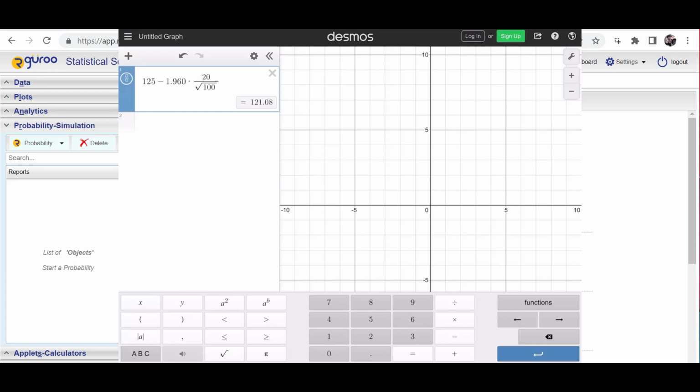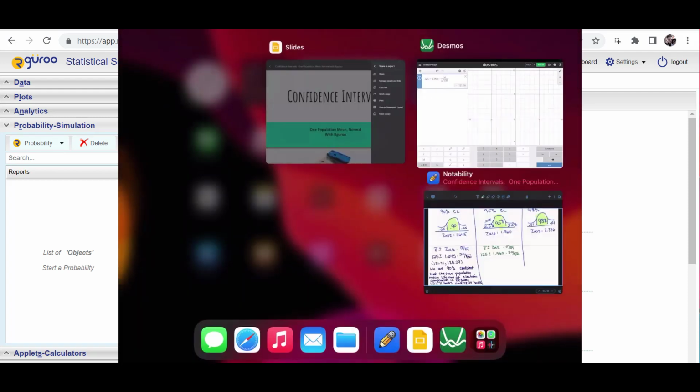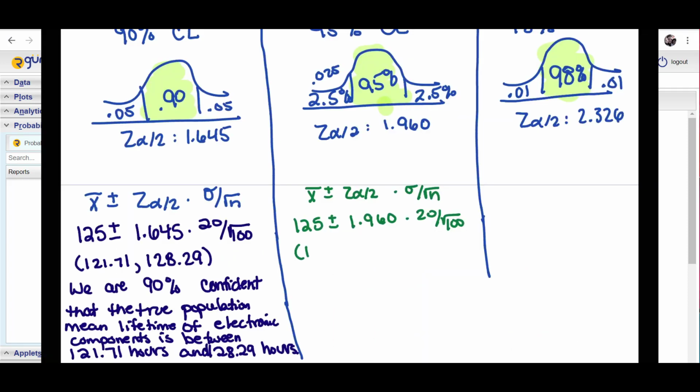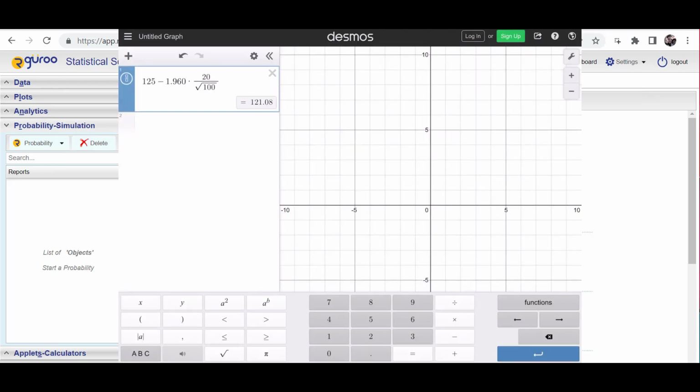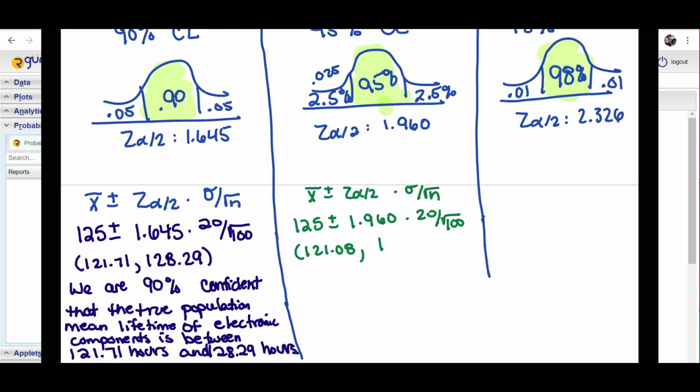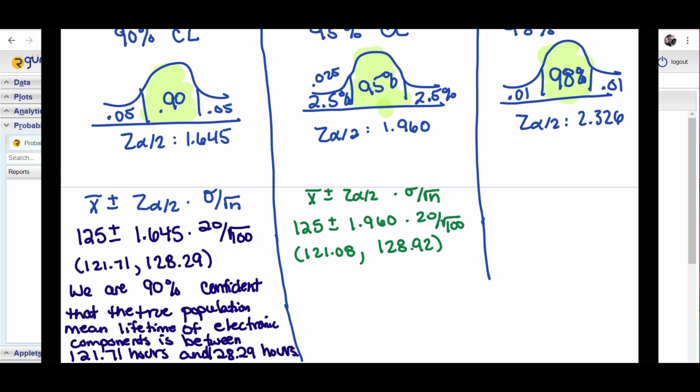And we get 121.08. And do it again with a plus sign, 128.92. And I'm not going to rewrite this sentence, but it would be, we are 95% confident that the true population mean lifetime of electronic components is between 121.08 and 128.92 hours.